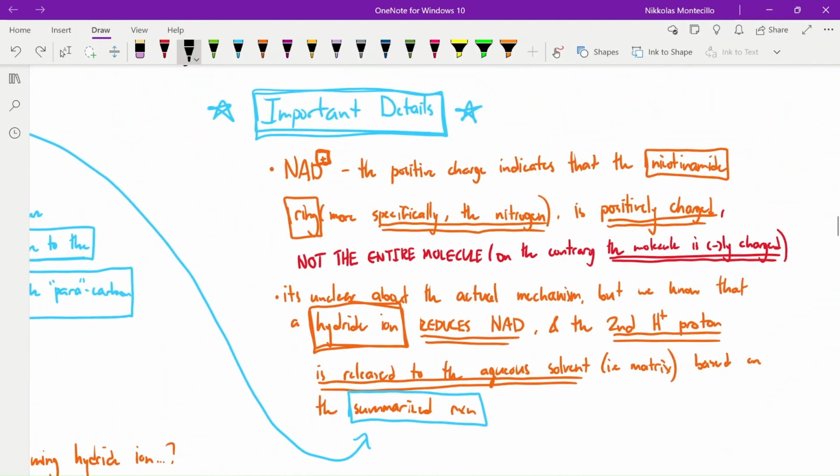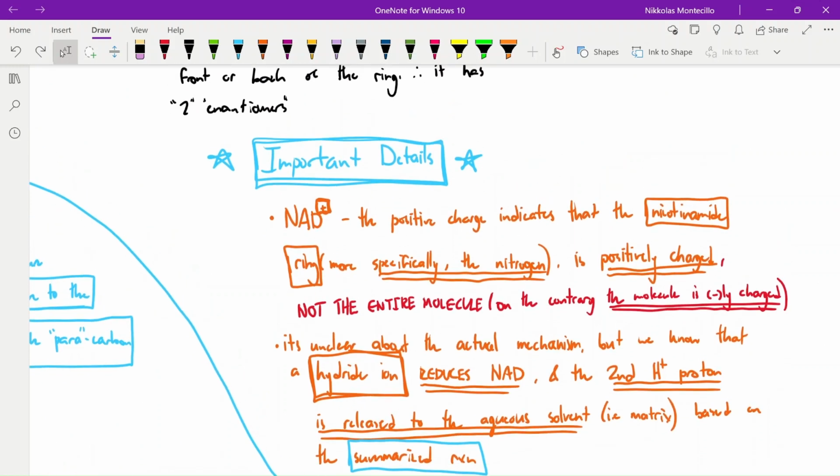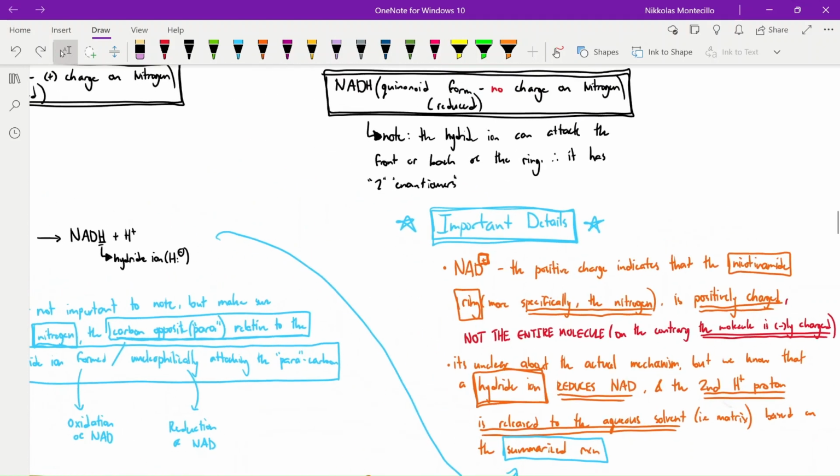It's unclear about the actual mechanism, but we know that a hydride ion reduces nicotinamide adenine dinucleotide, and the second hydrogen proton is released to the aqueous solvent, in essence the matrix, based on the summarized reaction.